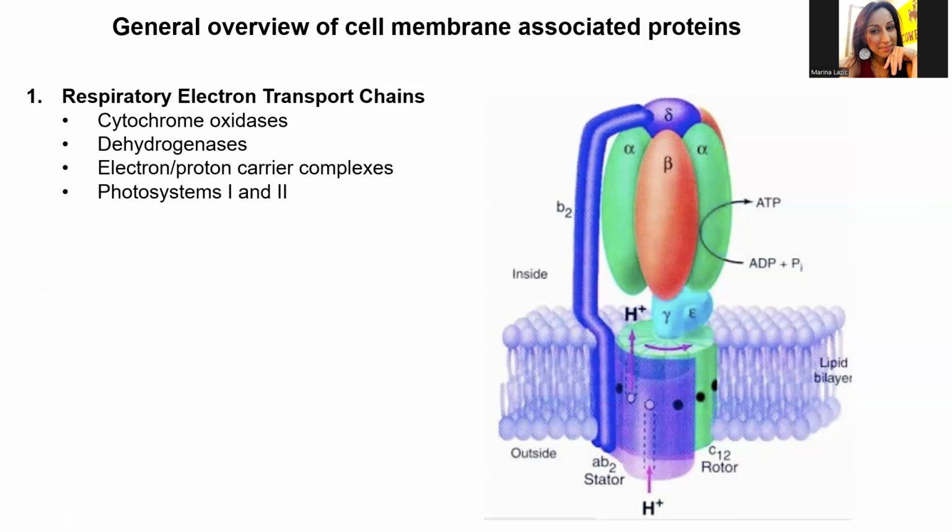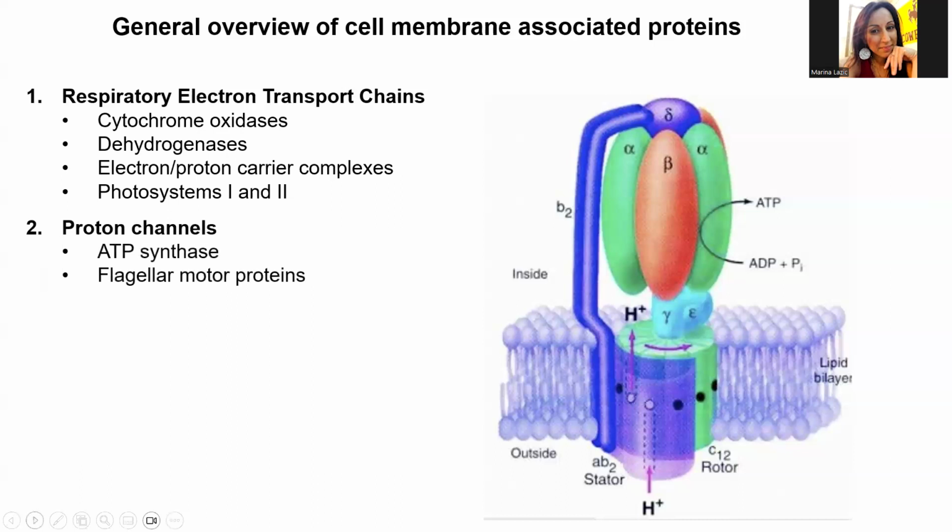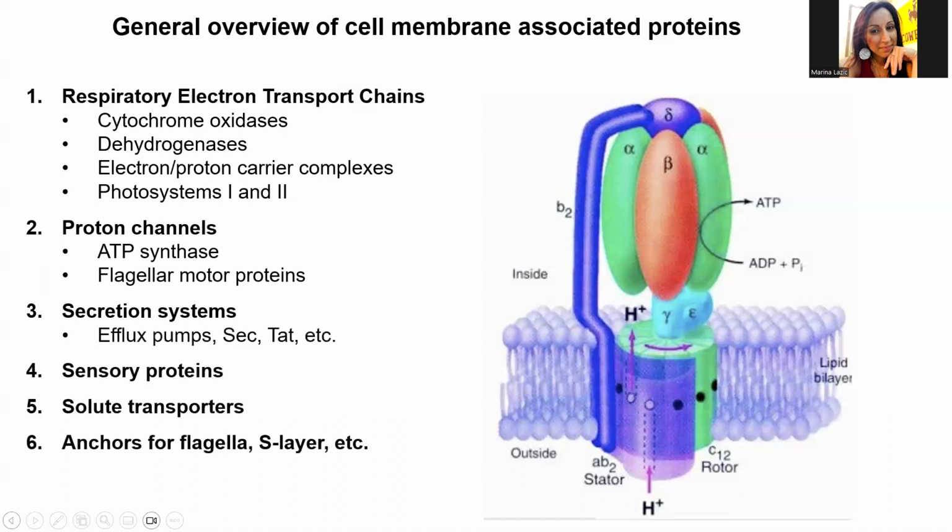Then ATP synthase at the end of the electron transport chain, flagellum, and secretion system. Those are all components that are located in the cell membrane. We will talk a lot about efflux pumps, sensory proteins, and solute transporters. We already mentioned flagellum. So the cell membrane is a place where all of these events are happening.